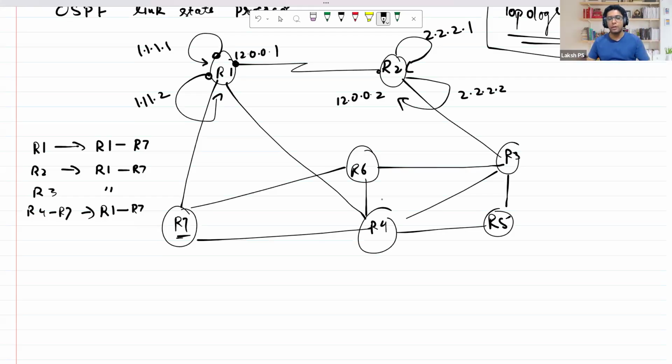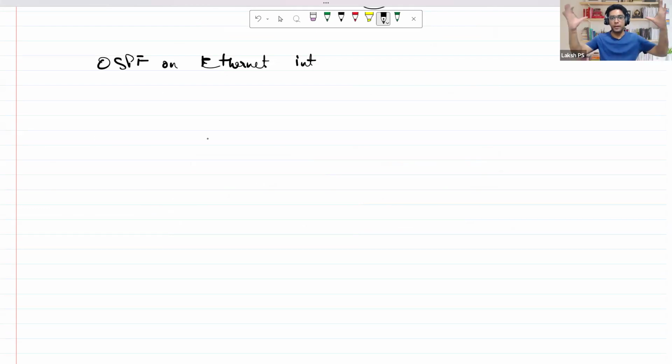All right, now coming back to our discussion on the Ethernet link, OSPF on Ethernet link. Okay, Ethernet interfaces. Now, as I said, for OSPF, an Ethernet interface assumes that the interface is connected to multiple routers through a switch.